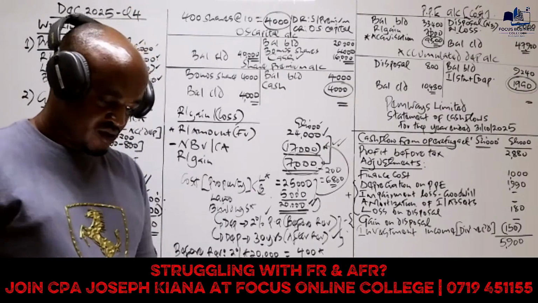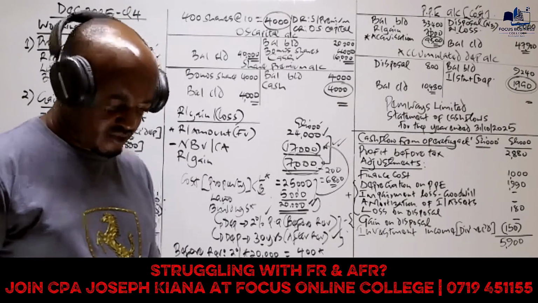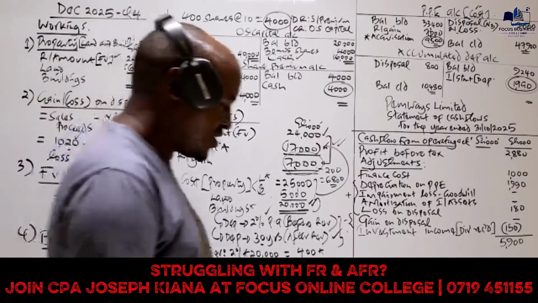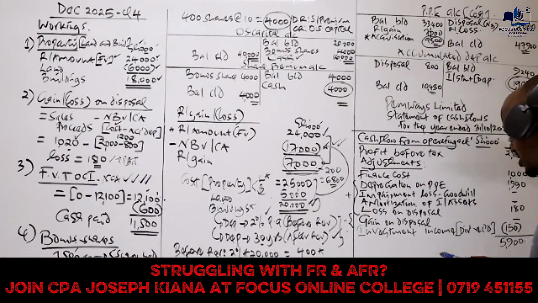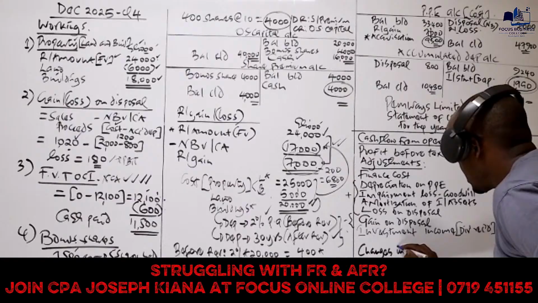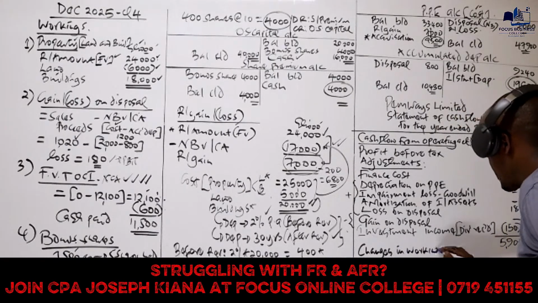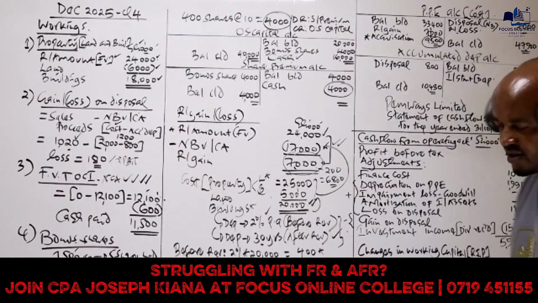Yes. So next we need to consider the changes in working capital. Basically, we said that if you come across a question for cash flow, make sure you get these marks. Because here you just consider three items.